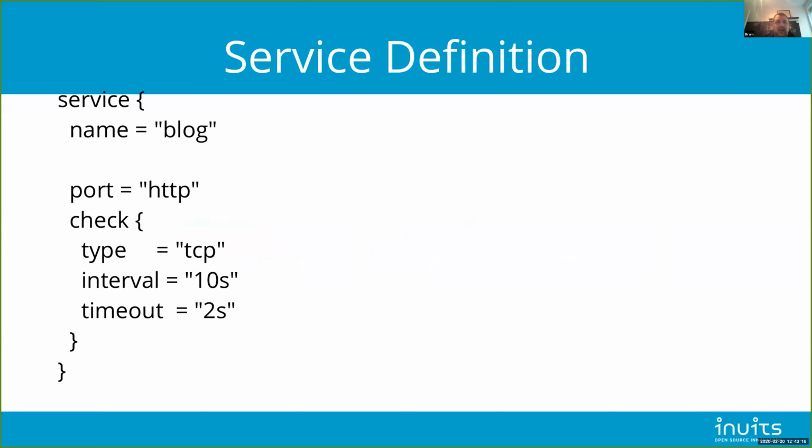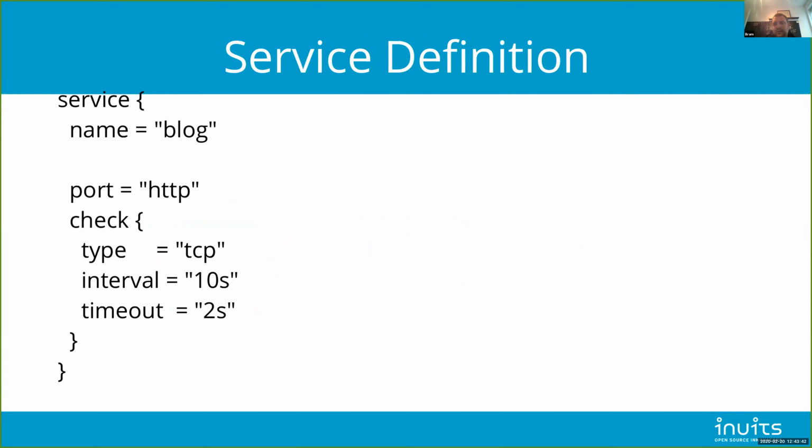So what does that look like in the Nomad space? Inside my task, I add a little section that is called service of name blog, and it needs to check my port HTTP, which we can remember from the definition before. So HTTP stands for port 80 in my case. And we need to check if something is available on TCP.